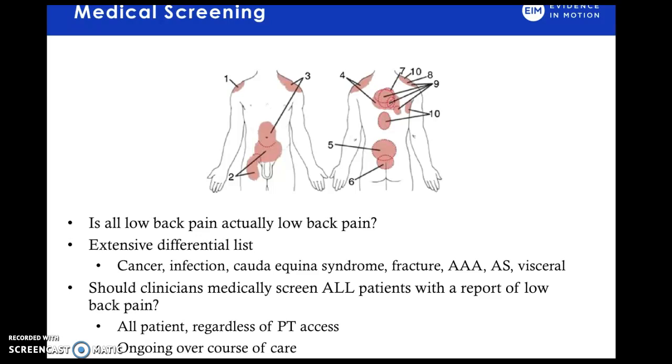So really, I do feel that we should be medically screening all patients reporting lower back pain. I mean, that is really our job. And that is regardless of how they came into our clinics, whether they came in with or without physician referral. We really owe a quality exam, and we have a duty to be screening appropriately.